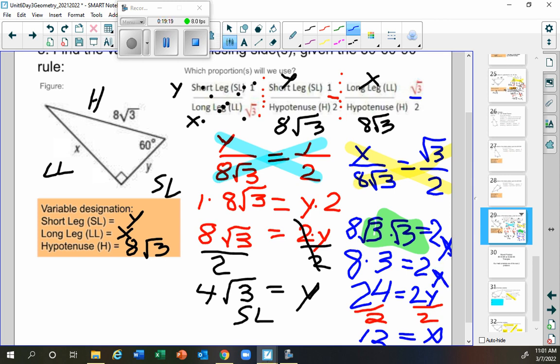I apologize. That's an easy fix. So 2x divided by 2, x is 12, and the 12 is our what leg? That's our long leg. So 12 is our long leg.